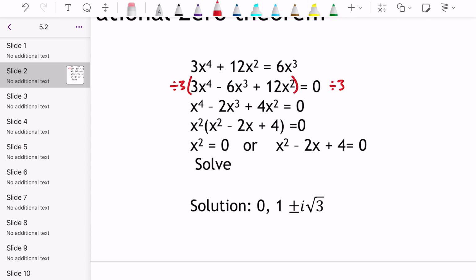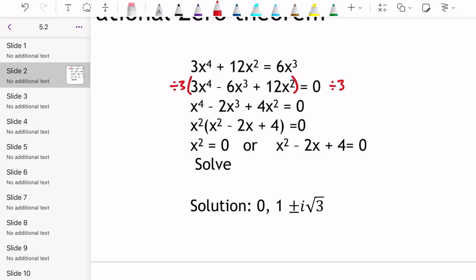When we do, we end up with x to the fourth minus 2x to the third plus 4x squared. We still have a common factor throughout all three terms, which is x to the second power. Notice we take out that greatest common factor, and now we have x to the second, parentheses x squared minus 2x plus 4.